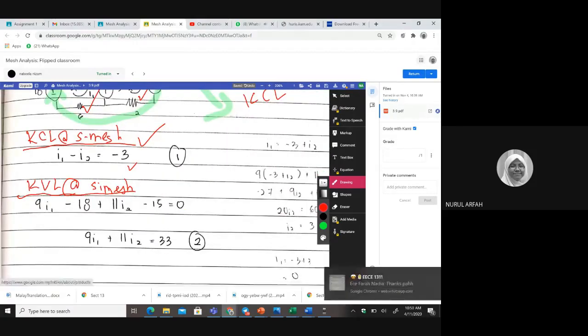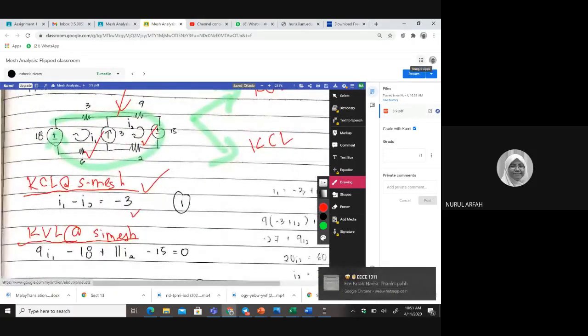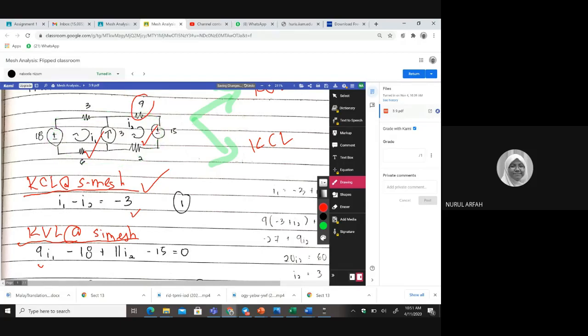Number 2, KVL at super mesh. Maybe she starts at 9 here because this is 9. Then it's supposed to be positive 9I. What is this current? Current flowing through 9 ohms here. What do you think? What is this current?